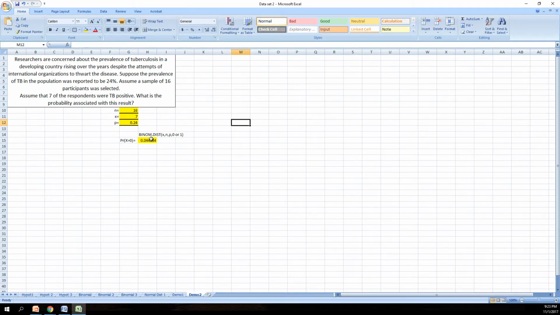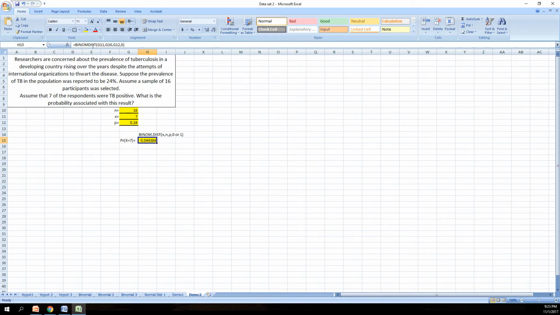When you type all that in, you get your answer. This should be 7: P(x = 7) means there's a 4% chance of that happening. The little box right above it is the binomial distribution of x and p, 0 or 1.